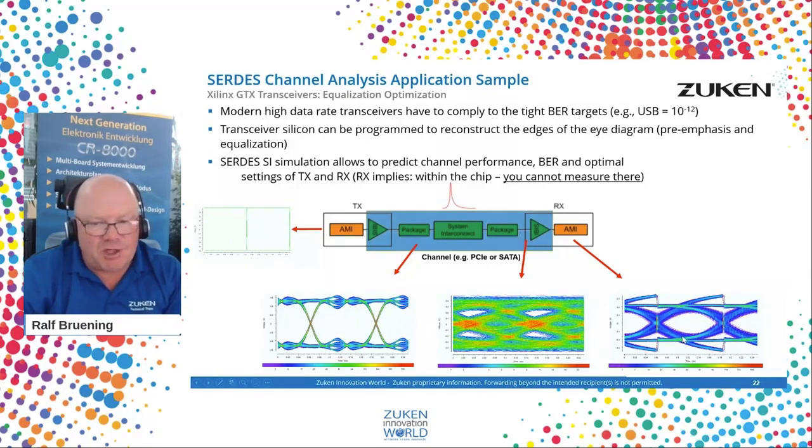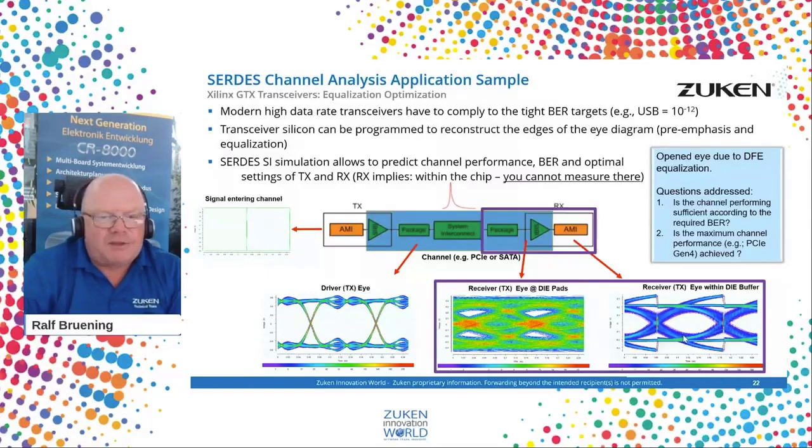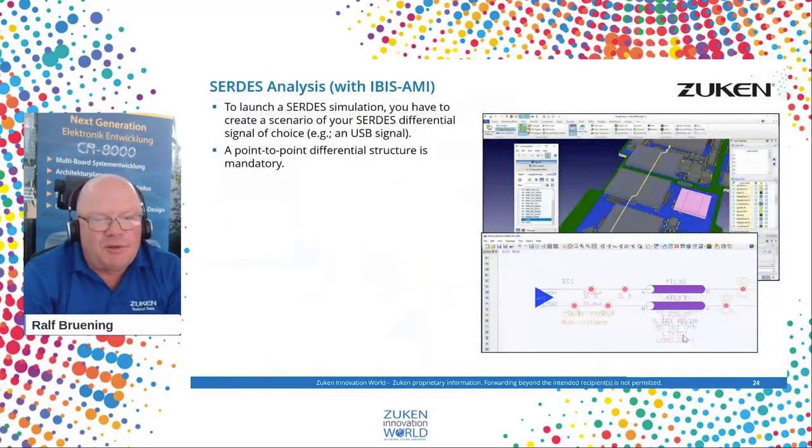Here you cannot measure, because you cannot plug a measurement probe within the chip. That's where simulation can help to do a validation of the channel performance before you have built the first prototype. That's where simulation folks raise their arm and state, here, we can help. We can help to predict the system performance.